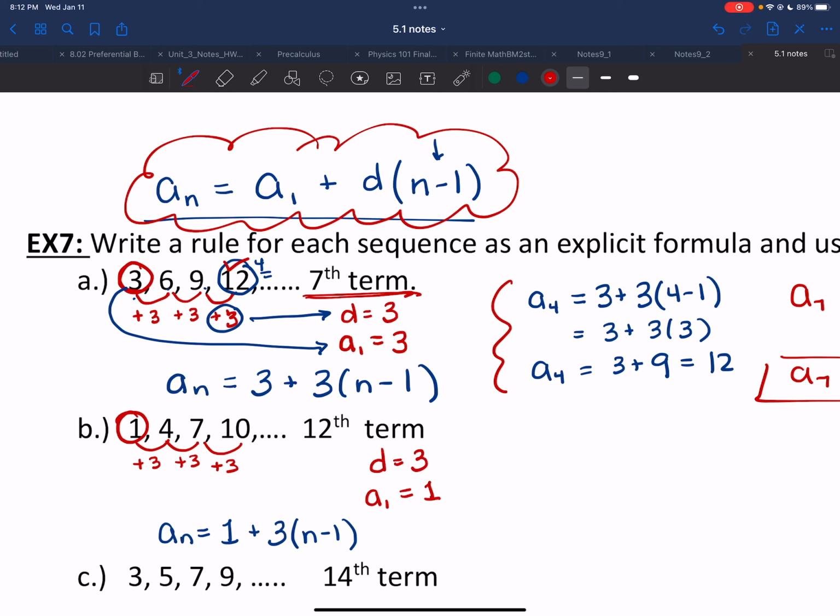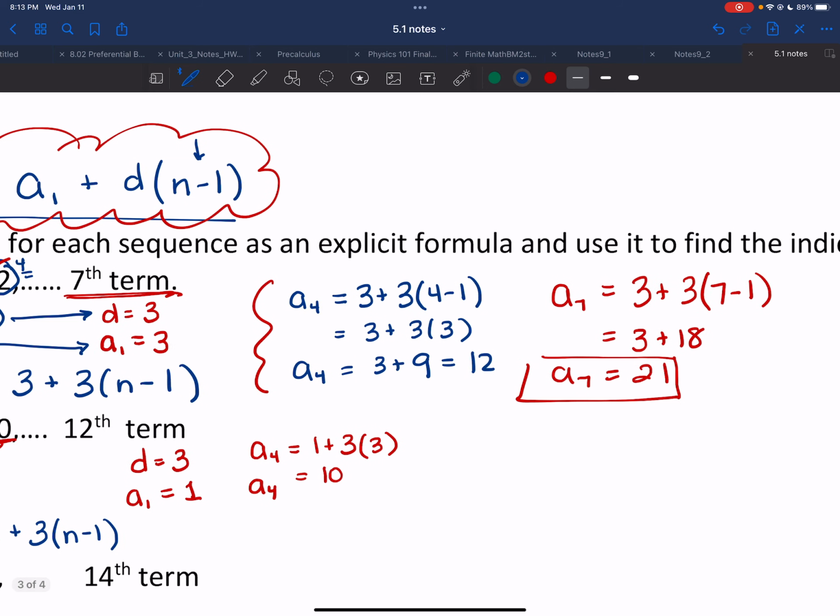Let's check it with 10. So 1, 2, 3, 4. That's the fourth term. I'm not going to write as much on this one. a_4 equals 1 plus 3 times 4 minus 1, which is 3. So that's going to be 9 plus 1. That gives me 10. So that checks out. So now I'm going to look at the 12th term.